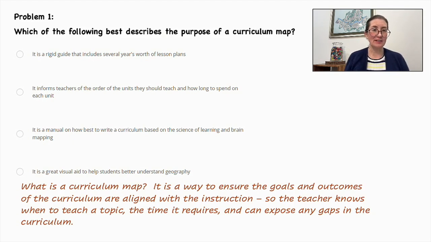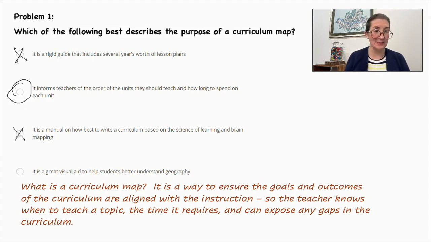It is a rigid guide that includes several years' worth of lesson plans, and we know that's not. It informs teachers of the order of units they should teach and how long to spend on each unit. That looks like a strong possibility. It is a manual on how best to write a curriculum based on the science of learning and brain mapping.